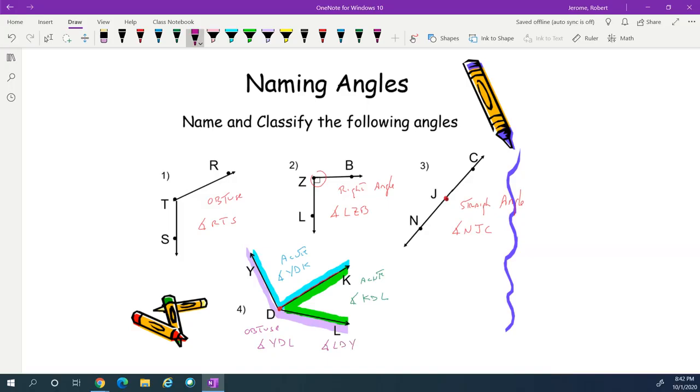But again, if we said look at angle D, you wouldn't know which of those 3 to look at. Now, since we're looking at this picture, look at that carefully. The purple angle is made up of the blue and the green. In fact, the blue plus the green together make up that purple angle.